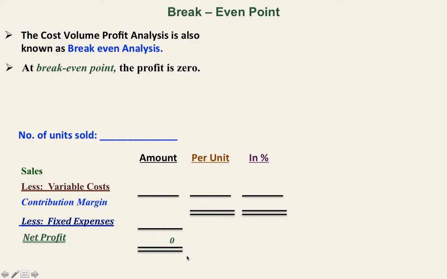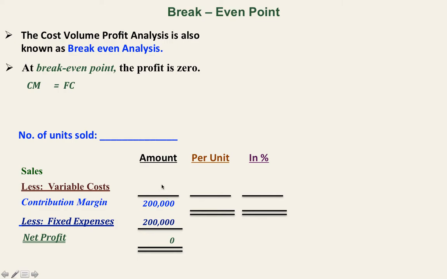Assuming that we have fixed expenses of 200,000, then obviously because you have a zero profit, your contribution margin should be equal to your fixed expenses. So at break-even point, contribution margin is equal to your fixed cost, meaning your contribution margin was able to recover in full your fixed expenses.